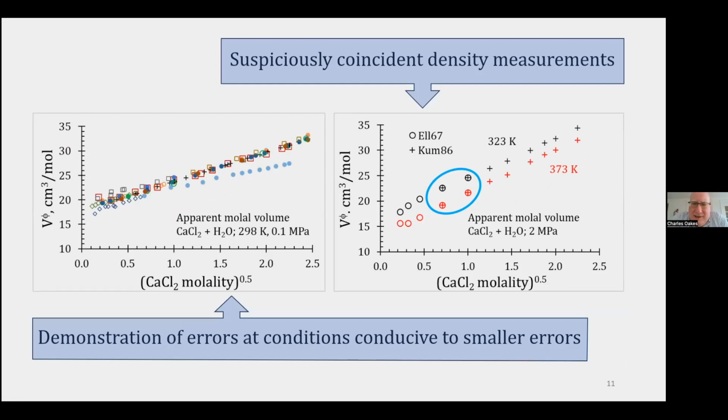Okay, here's another case where we have some very similar data. On the left, this time I've plotted a whole bunch of different data sets for apparent molar volume versus calcium chloride molality. You can see there's a fairly high degree of scatter, particularly down here.